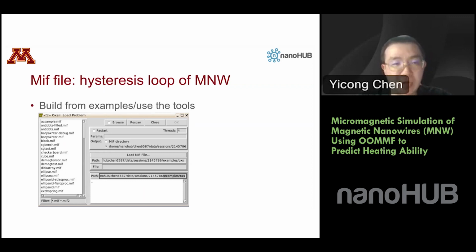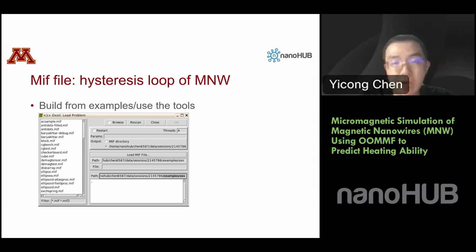If you're like me and not a programming guy, you can easily find examples provided by OOMMF itself. They are very useful MIF files, and you can choose to use any part of the blocks in their MIF files. Or you can use the tools I mentioned in All Tools on the nanoHUB platform.